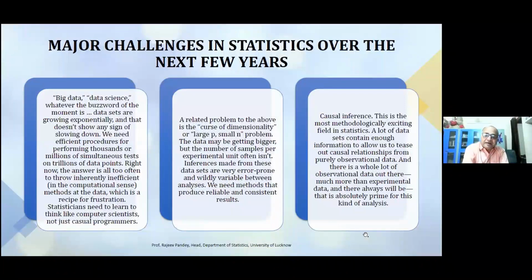Now, some major challenges in big data. We have discussed a lot of things with our previous speakers. I also give you a brief concept of big data. Big data, data science, whether a buzzword of the moment or not, data sets are growing exponentially and don't show any sign of slowing down.